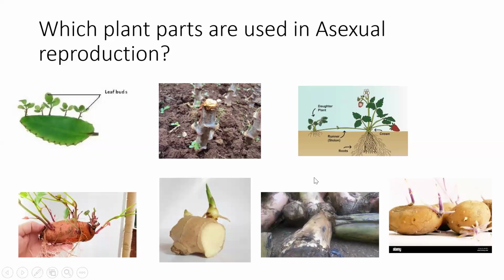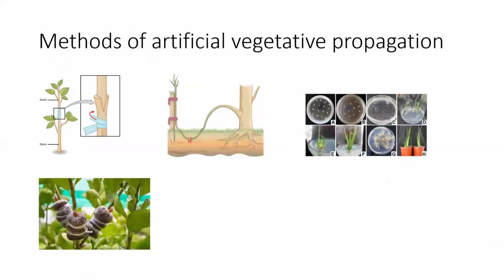So I think we are familiar with these plant parts. Now we are going to look at how some of these plants reproduce naturally, like the methods we've been looking at. They occur naturally. And then we have the artificial ones, methods of artificial vegetative propagation.